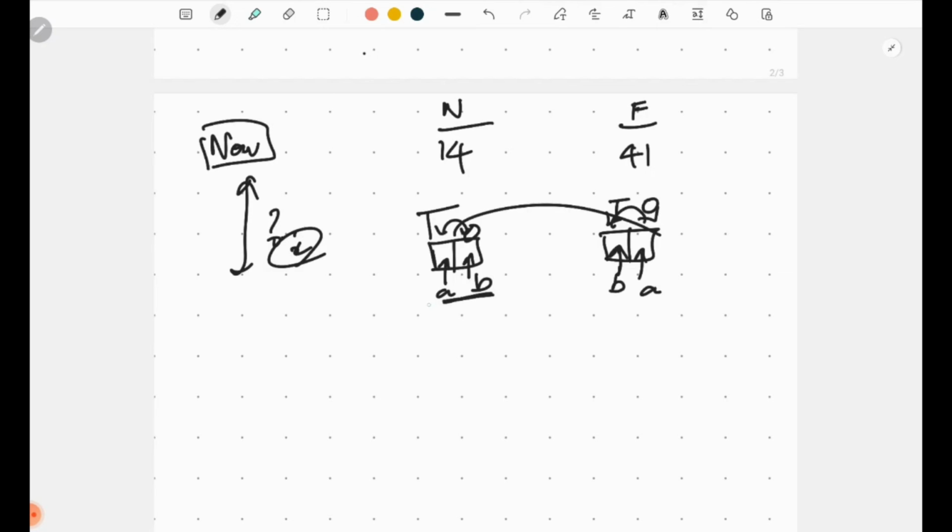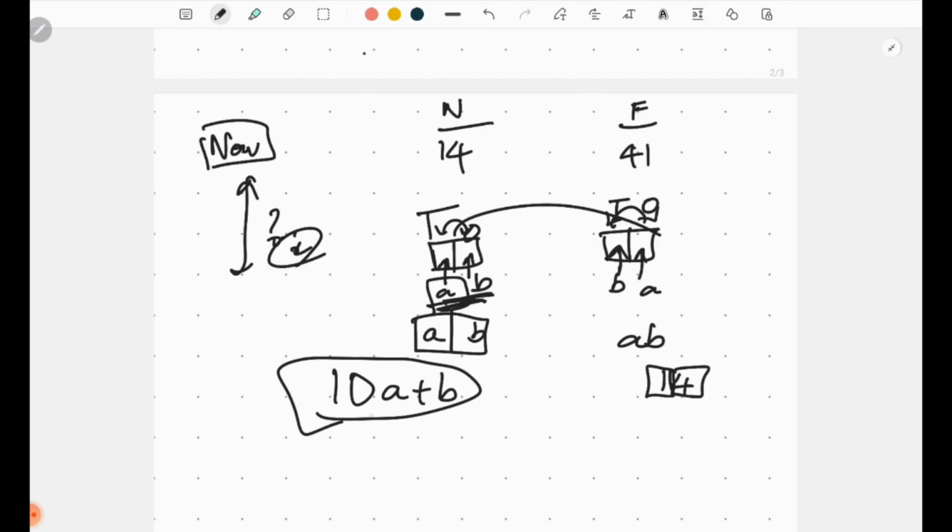So, these are the digits. a is the digit in the tens place and b is the digit in the ones place. But ab is not the number, right? So 10a plus b, because a is in the tens place and b is in the ones place. So 10a plus b is the value of the number, okay? And same here, 10b plus a.